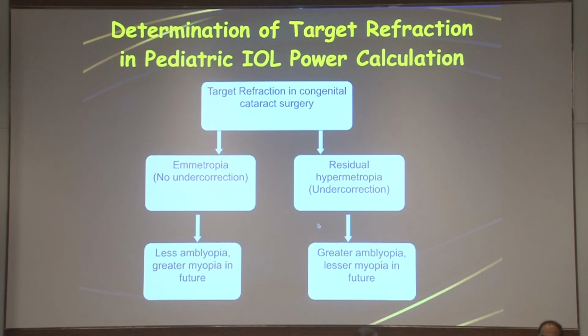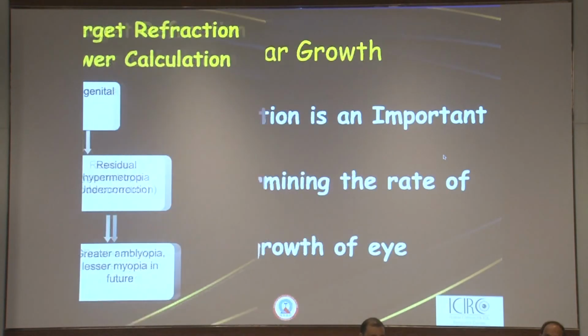But the chances of developing extremes of high myopia are less in the future. So the consensus amongst most pediatric cataract surgeons is to follow the second strategy, that is to leave behind some residual hypermetropia, and how much is debatable.